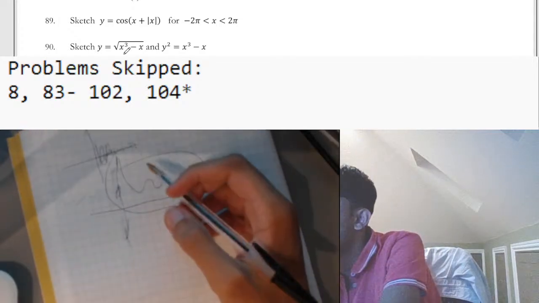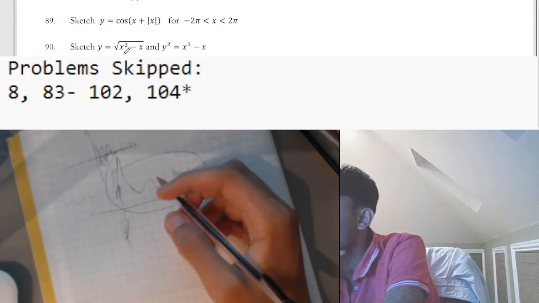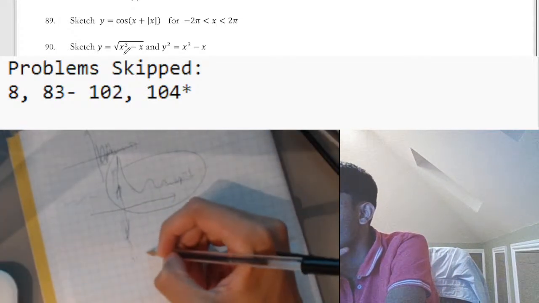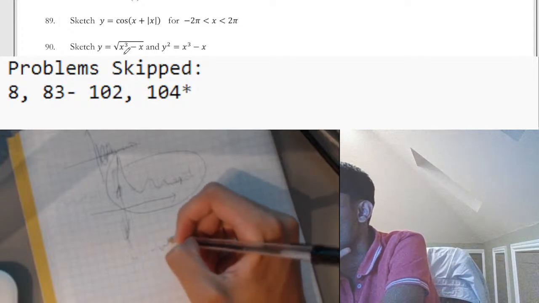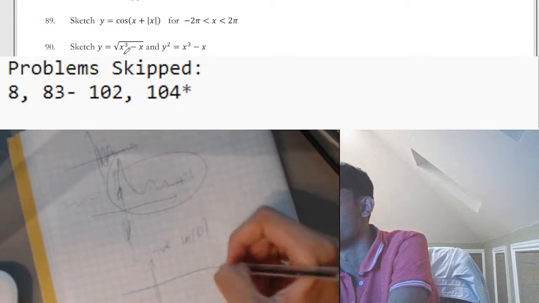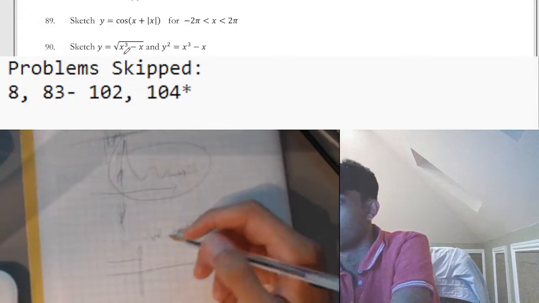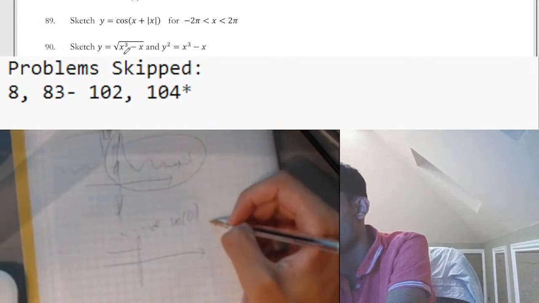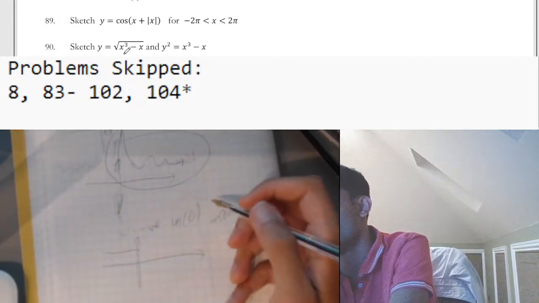Okay, next one. So if x is negative, then that's just e to the 0, which is 1. So if it's negative, it's just going to be 1, and if it's positive, it's going to be close to 2x, which is very easy to plot.